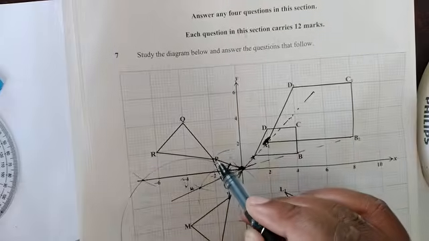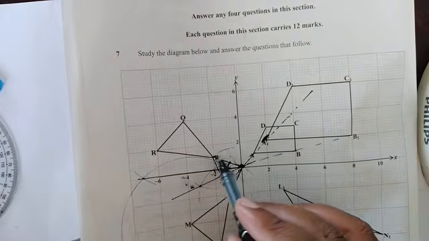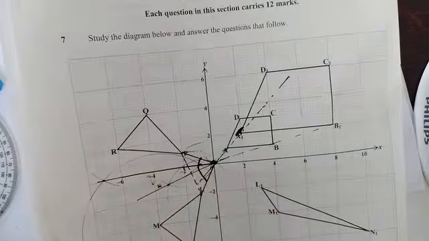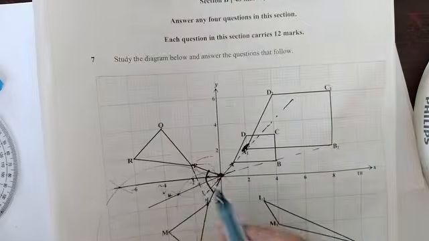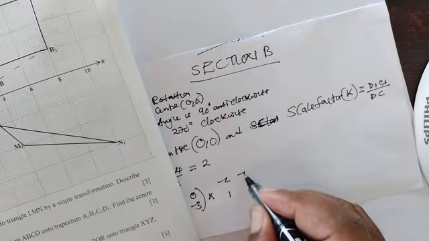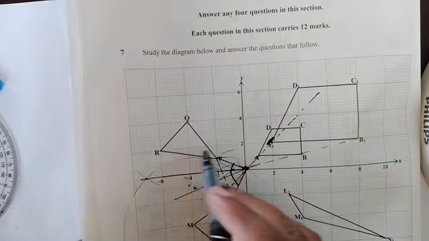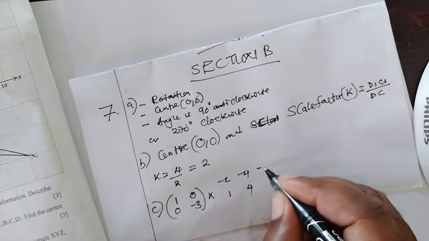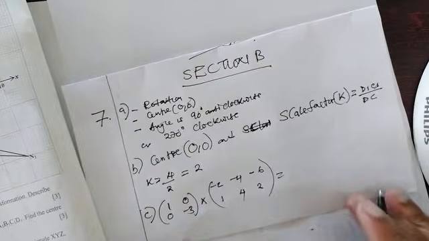You must find the coordinates for P, which is negative 2, 1. Then Q is negative 4, 4. Then R is negative 6, 2. We need to multiply this and see what we are going to get.